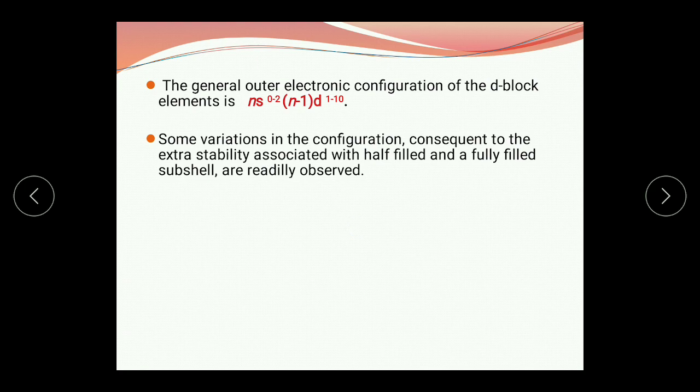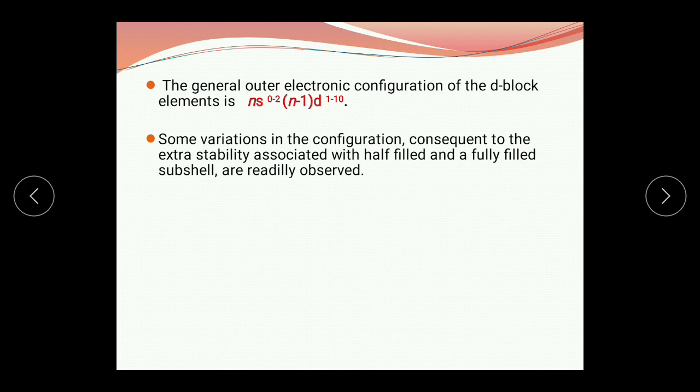Half filled means d has a capacity to accommodate 10 electrons, but when there are exactly 5 electrons in the d subshell, that means all the orbitals are filled with one electron each, that gets extra stability. And to achieve that extra stability, s electrons move to d, and that's why ns gets less than 2 electrons and (n-1)d gets 5 electrons.